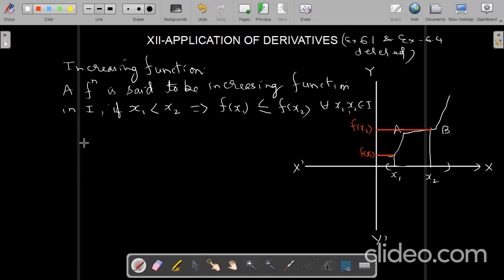But if it is strictly increasing, then the difference is only that the less than or equal to sign will not come.